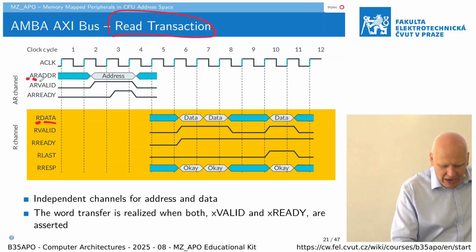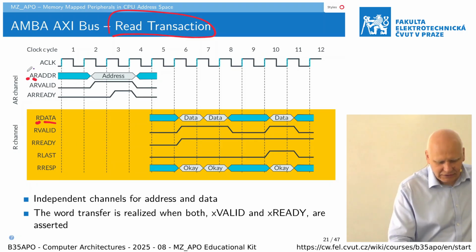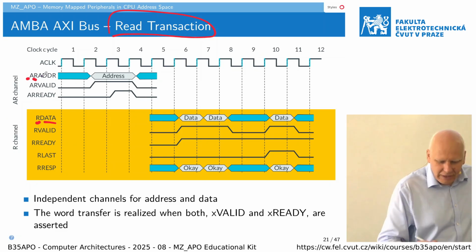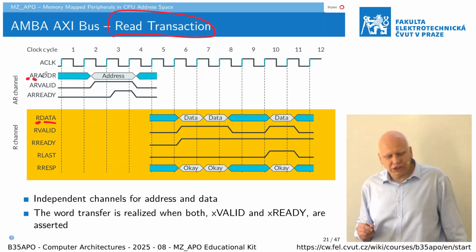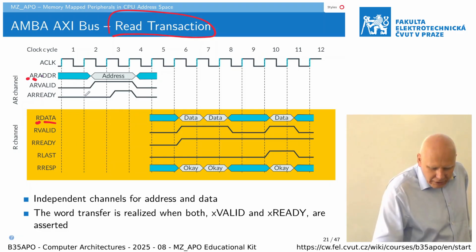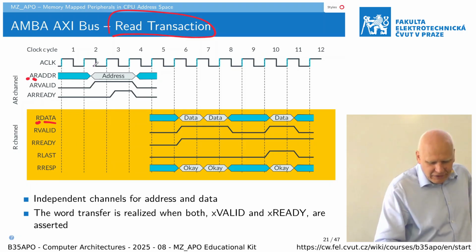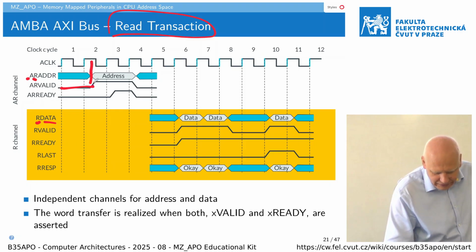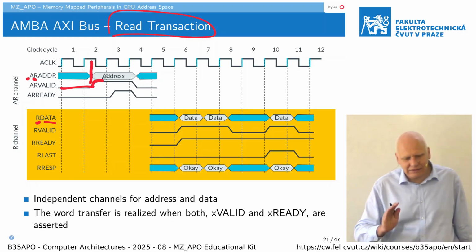So AR is the address for the read operation, and for all those channels there is the rule: when the source of the information is ready with the information, for example there is a valid address, then it informs that the address is valid.